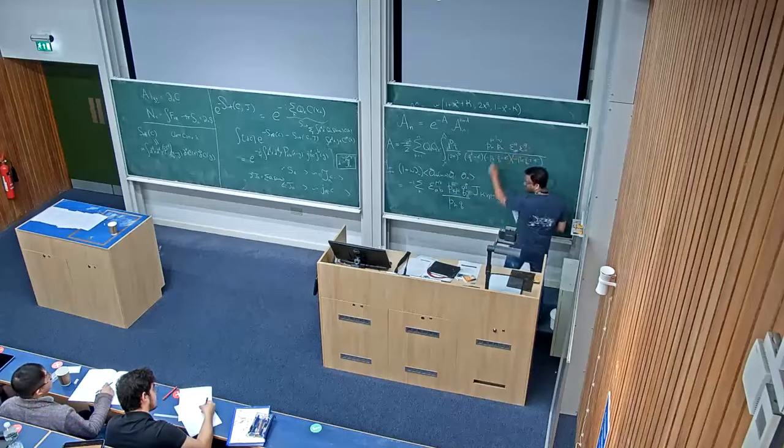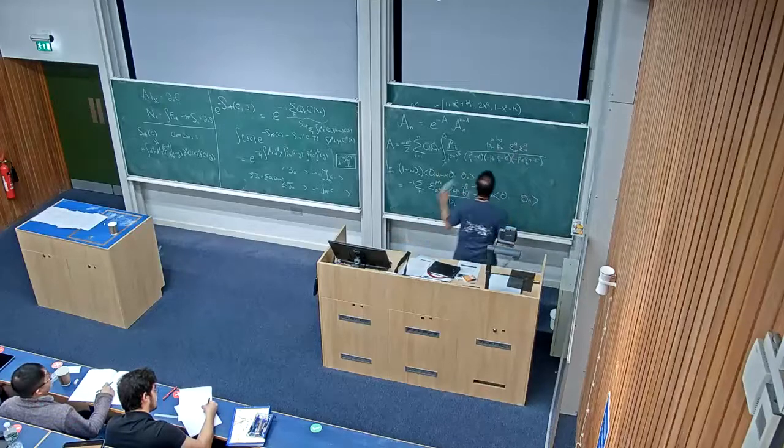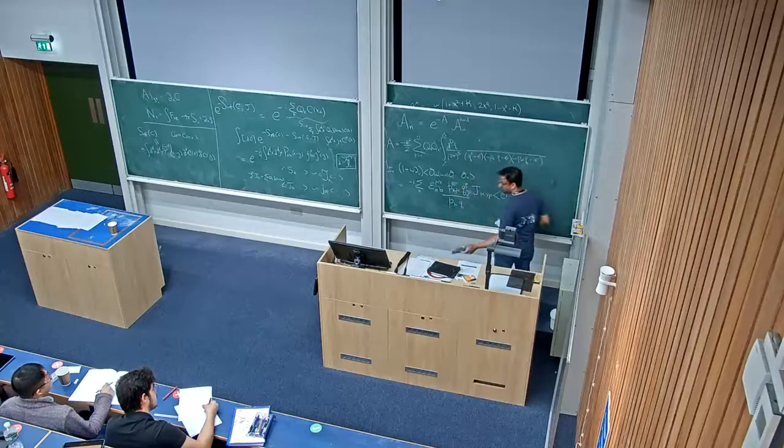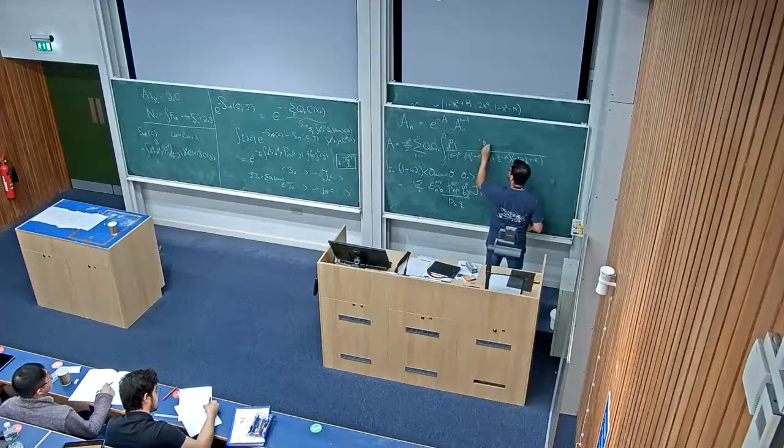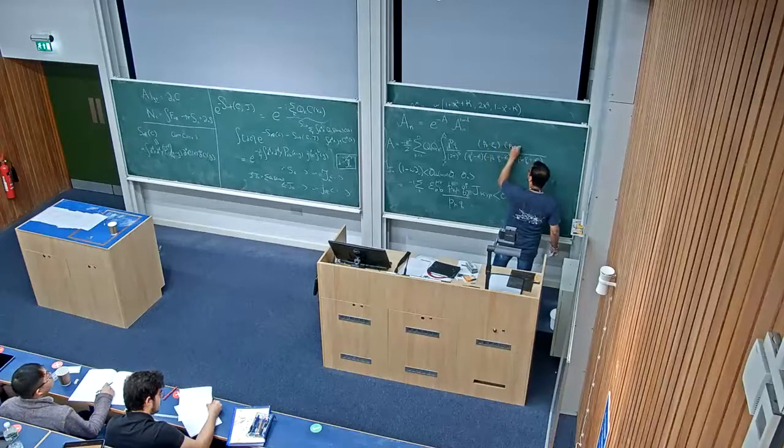So this term in the numerator actually becomes p_k dot epsilon_A, p_k' dot epsilon_A.